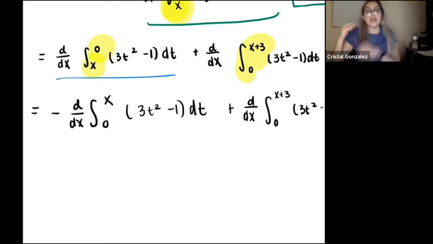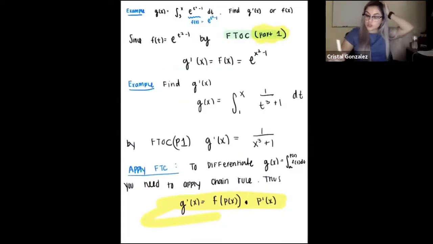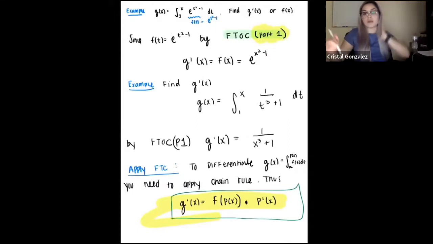Now what we need to do is go ahead and do that u substitution here. Again, you don't really need to. You can still just do this application of FTC and say that the derivative is just going to be f of that function p of x times the derivative of that p of x, which is really just doing a u substitution.